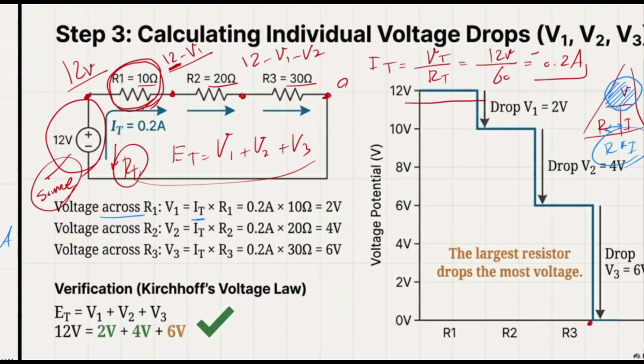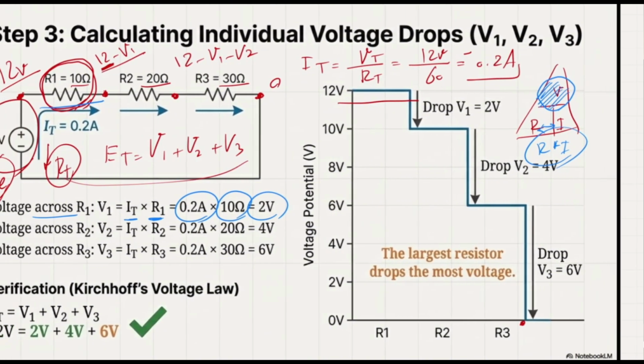We're still talking about the series circuit. The current is constant, the same all the time. Times R1. What was R1? R1 was the amount of resistance that you have for the first component. So 0.2 amp times 10 ohms is going to be 2 volts. Where did you see the 2 volts? The voltage drop for the first one.